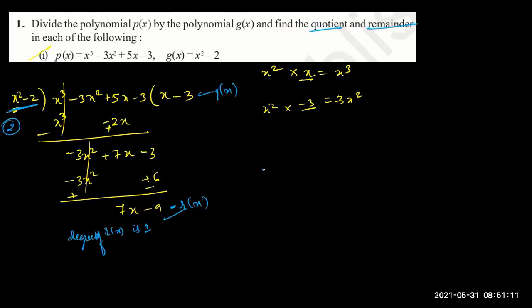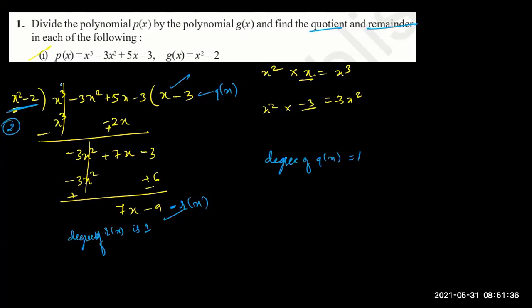So we found it. After this, one more thing, just check the degree of q of x. The degree of q of x is 1 here. That is one shortcut: how we can find out the degree of q of x.